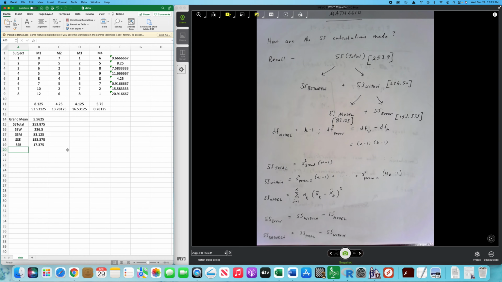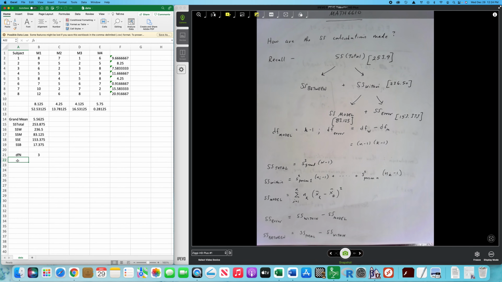Now, the next thing we would want to do is calculate the degrees of freedom. I'm just going to call it the degrees of freedom for the denominator. I'm sorry, for the numerator. Let's do it first. That's just going to be the number of groups, which in this case is 4, minus 1. So the degrees of freedom there will be 3.